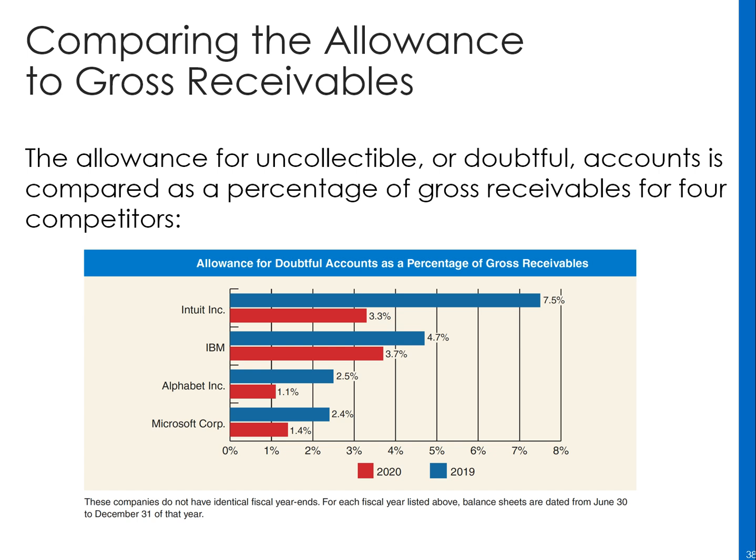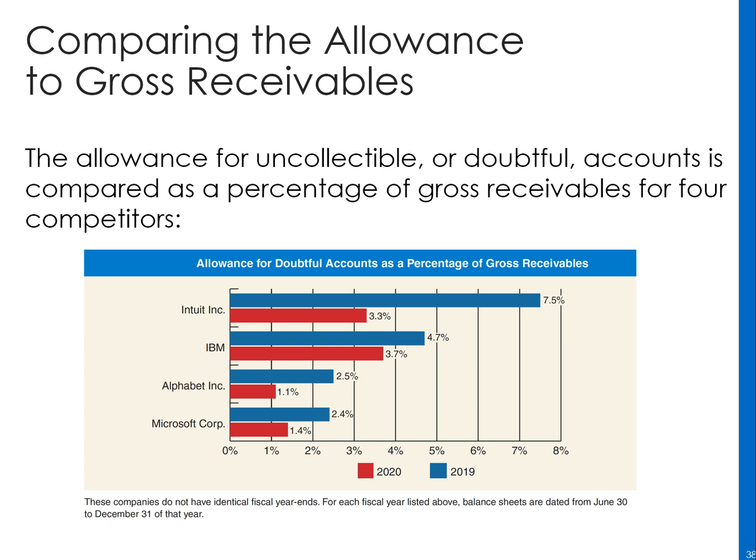Here we have comparisons of the allowance to gross receivables, basically the percentage of the allowance among the 4 companies.